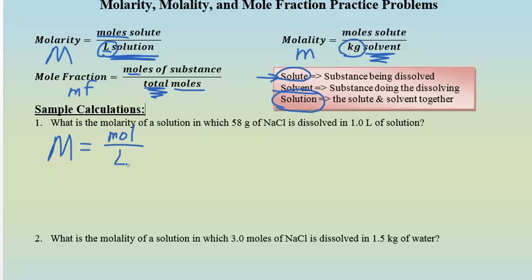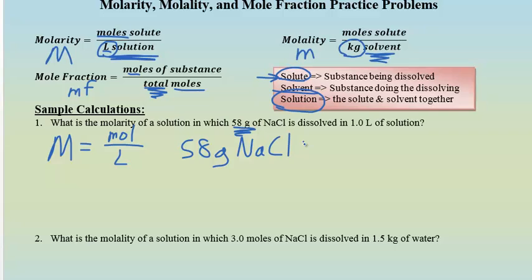Well, we need moles and liters, and we've got grams. So don't get sucked into using molality because you see the units of grams. What you have to do is take that 58 grams of salt, NaCl, and figure out how many moles that is.